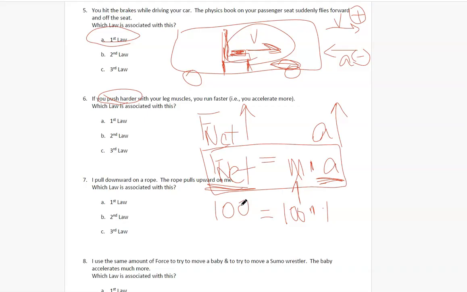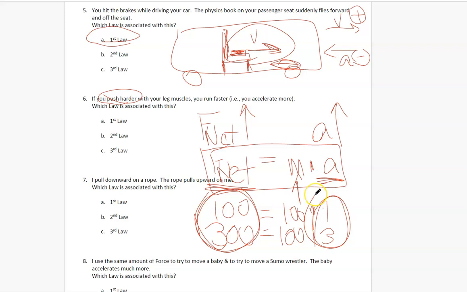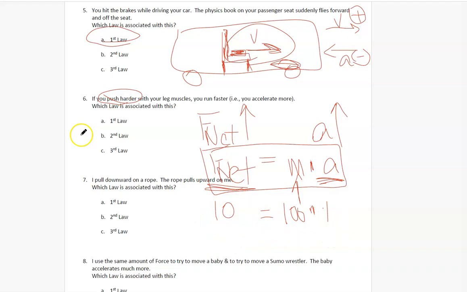But if we increase our acceleration by 3, and we multiply that by 100, now we're going to get 300. So if I triple my acceleration, I'm going to triple my net force. If I triple my net force, I'm going to triple my acceleration. This is Newton's second law.